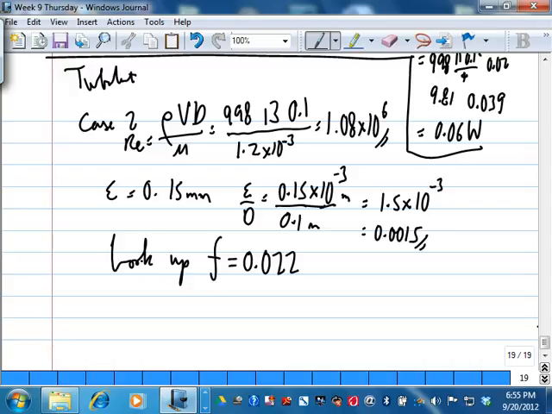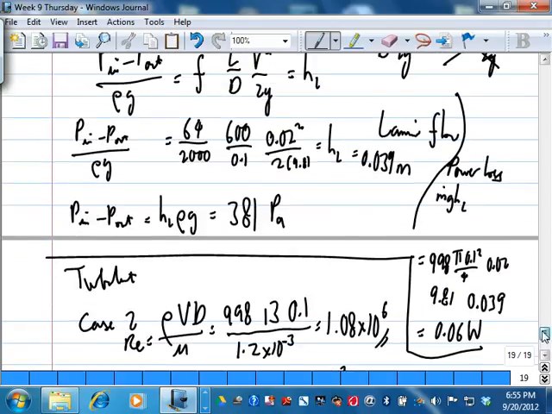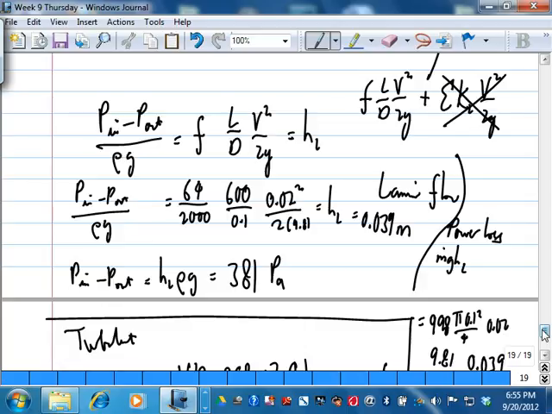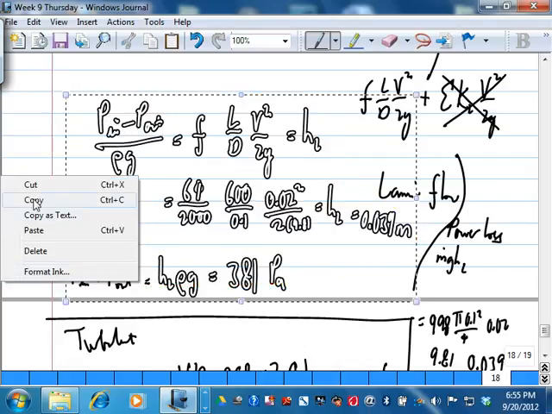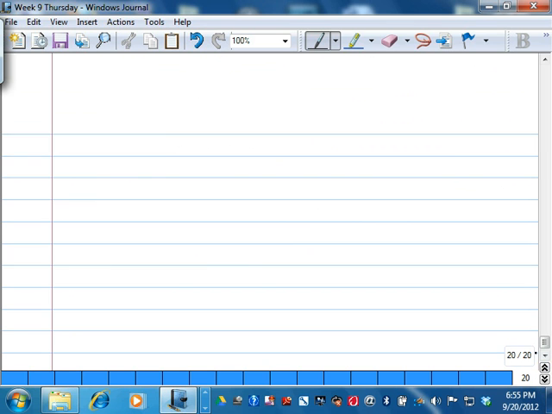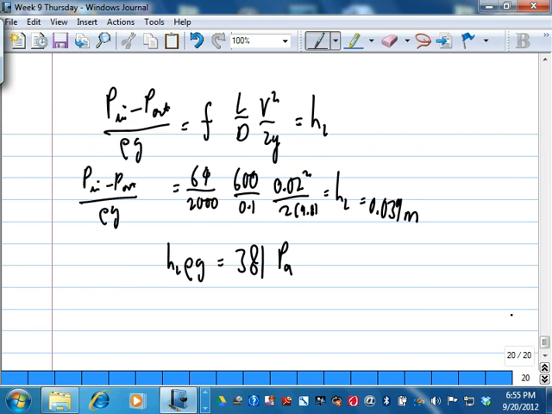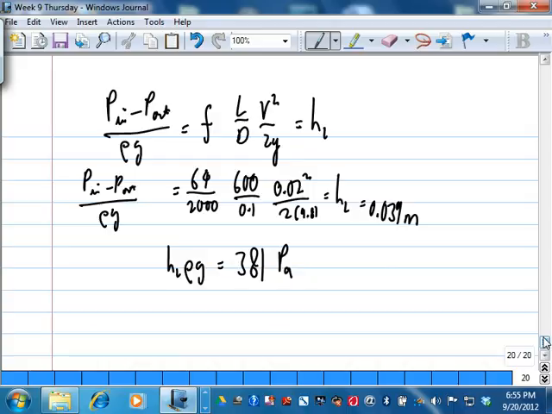Alright? So put it back into the same equation. Same except this is not 64 over Re anymore. This is 0.022. Velocity is not this one anymore, it's 13 squared. And Pascal, P in minus P out.